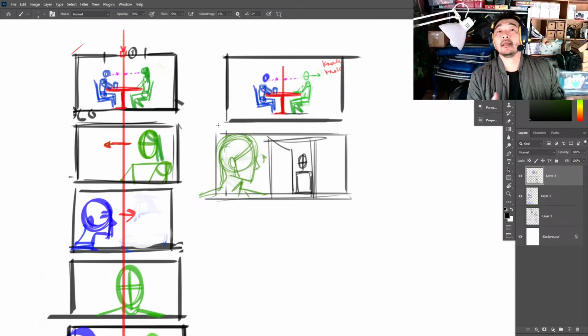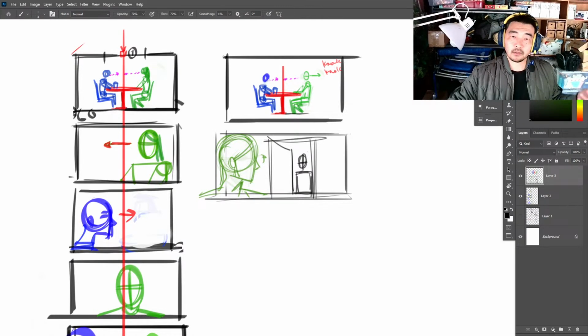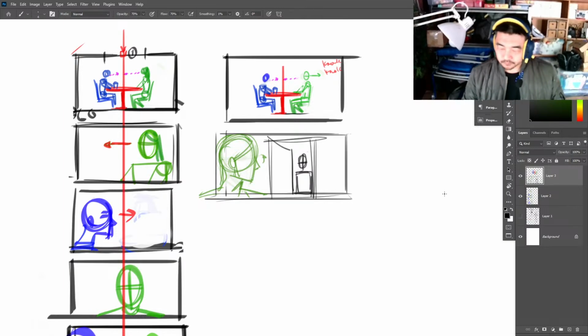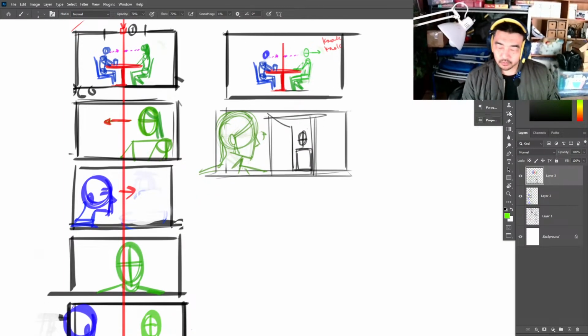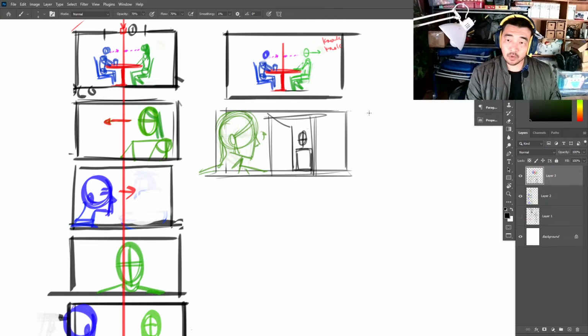I don't know why, because it's easier for me to understand the boards when the 180-degree rule is in place. But also colors help.